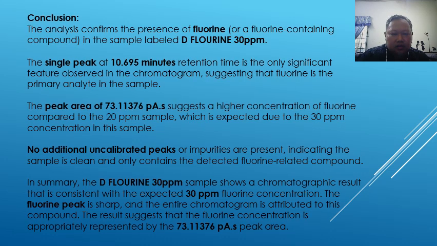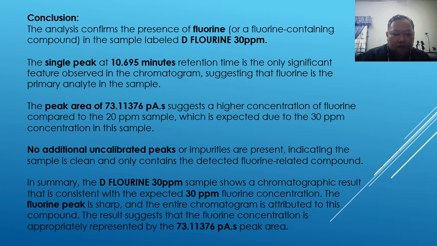Okay, next, the conclusion for 30 ppm. The analysis confirmed the presence of fluorine or fluorine-containing compound in the sample labeled defluorine 30 ppm. The single peak at 10.695 minutes detention time is the only significant feature observed in the chromatogram, suggesting the fluorine is the primary analyte in the sample.